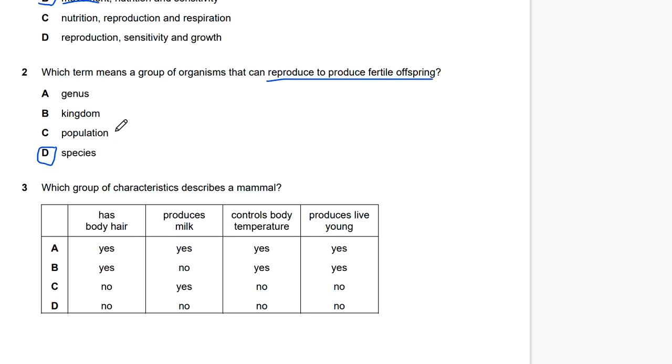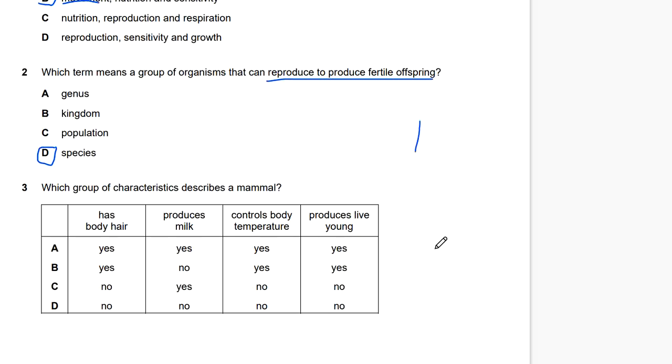Not population, because in a population, between carabaos and cows, they cannot produce a cross in the same population. Kingdom, of course, has lots of animals, as well as the genus.